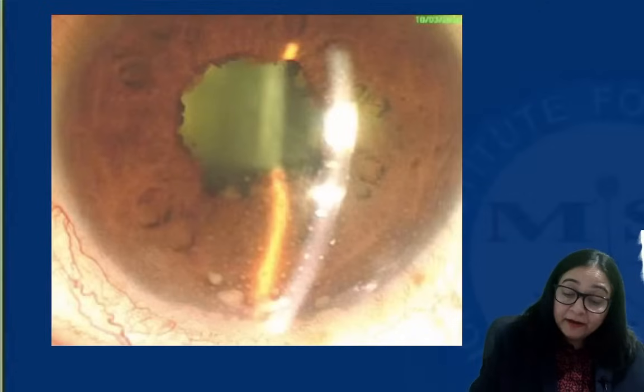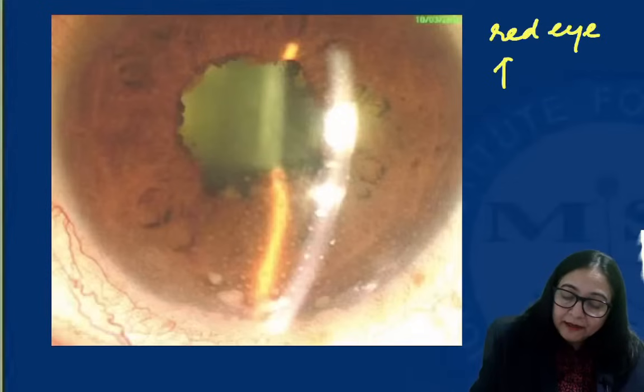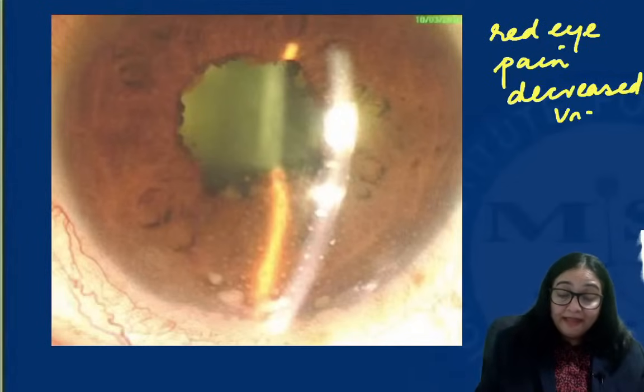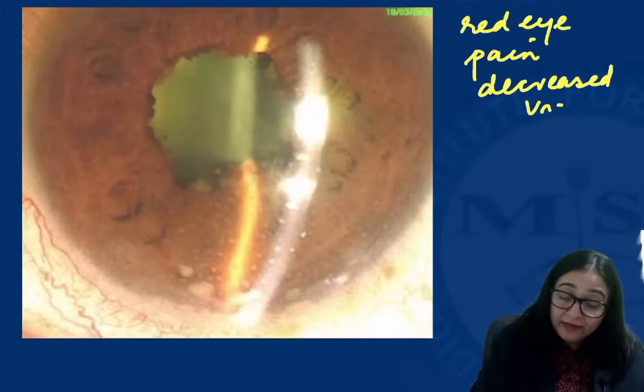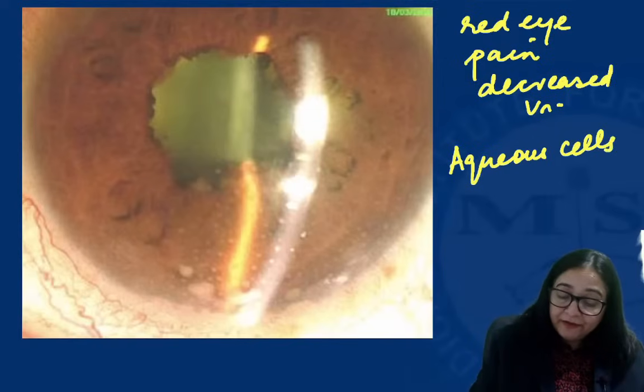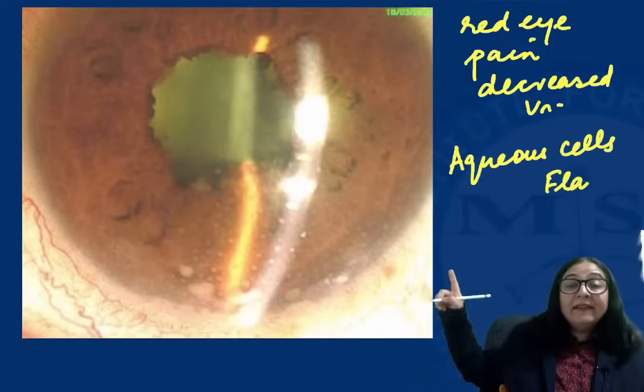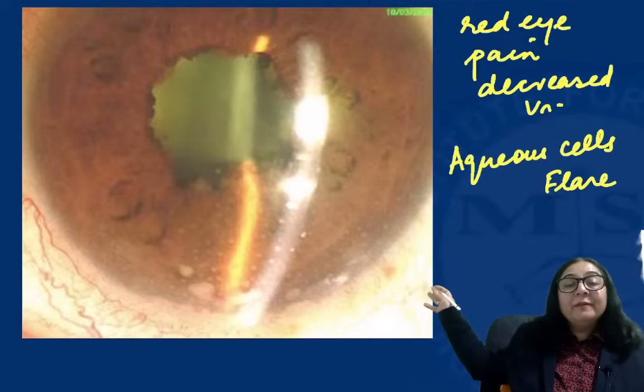Now coming here, so it was red eye with pain and decreased vision. So this was the symptom. Okay. In the signs, what they have told is that there are aqueous cells and flare, and then the rest of the things they say pick up from this image.